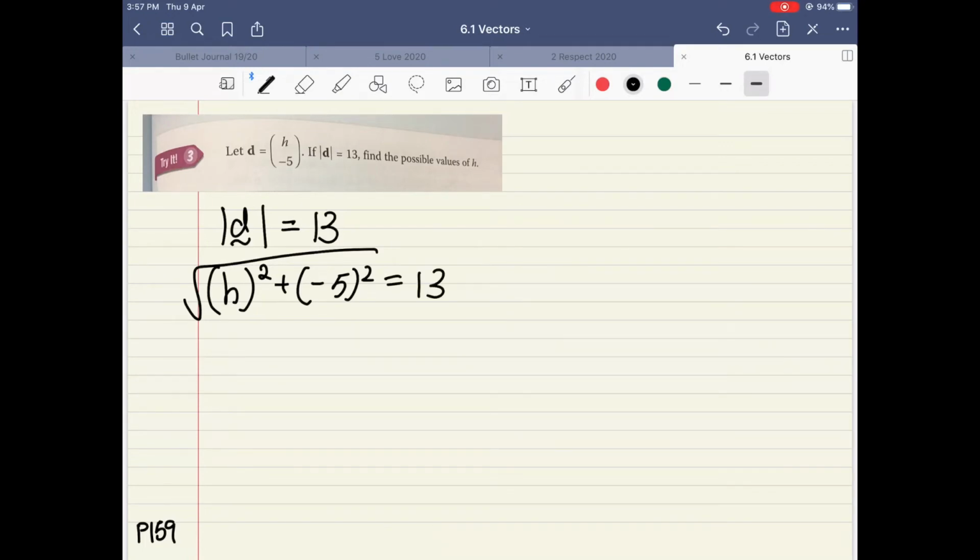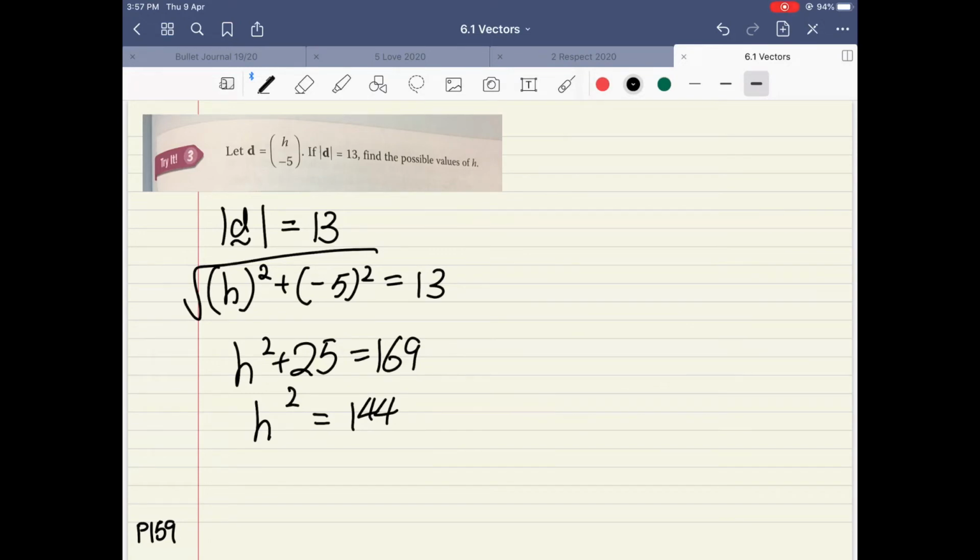Now, how do we get rid of the square root? That's right, we shall square both sides of the equation. So once we do that, what we'll get is h squared plus 25 is equals to 169. Then h squared is equals to 144.